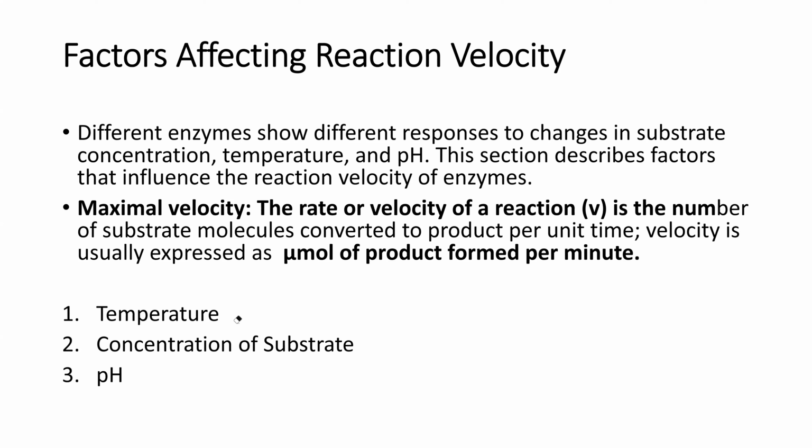The factors which influence the velocity are temperature, second, concentration of substrate, and third, pH. Now we will see one by one how they affect the rate of reaction, and what kind of curves we can achieve in each case.